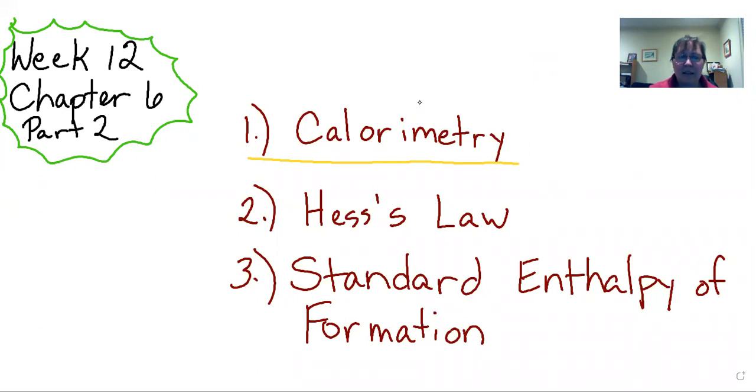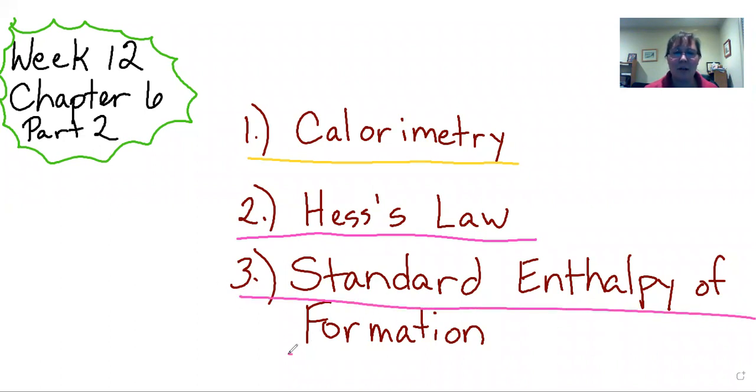Next is Hess's law, which uses different parts of equations in order to find an overall equation in terms of heat gained or lost. And last, we'll have standard enthalpies of formation, which I'm leaving in pink also, because it's related to Hess's law, except you're working with a different set of numbers. All right, let's go ahead and begin.